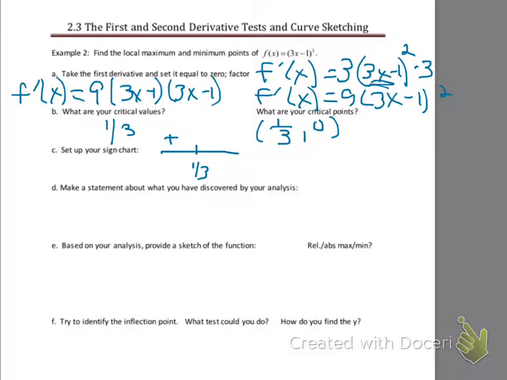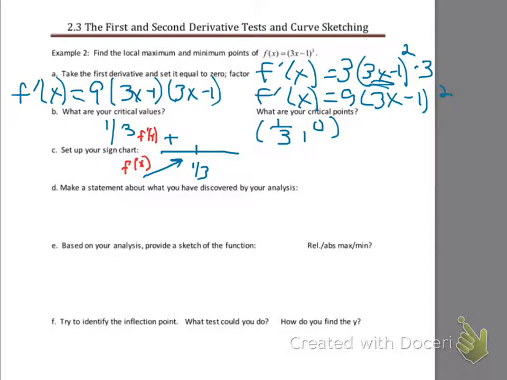If my slope is positive, what does my function look like? My function is heading this way. So remember, I'll just change the color. Remember that the top is the sign of f prime of x, and the bottom is the direction of f of x. Okay, so let's check to the right of 1/3.